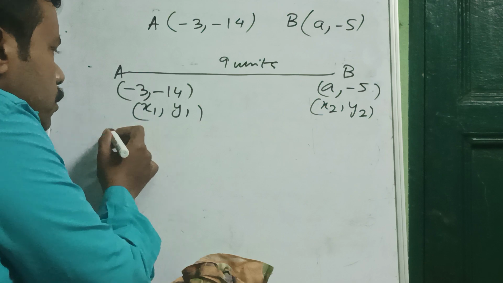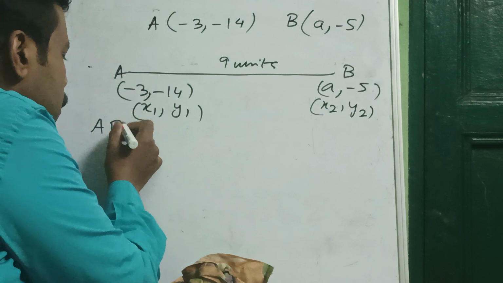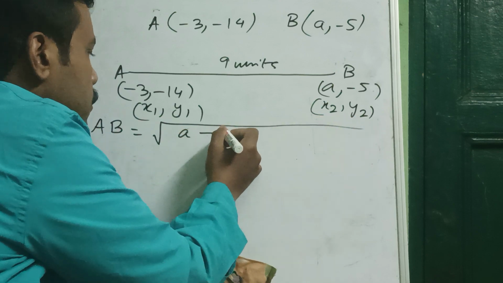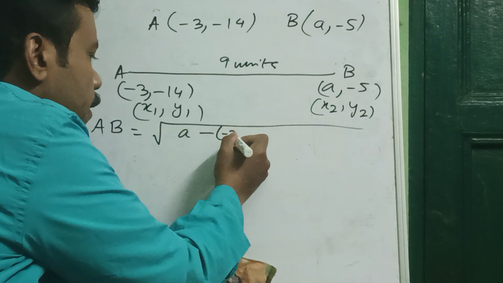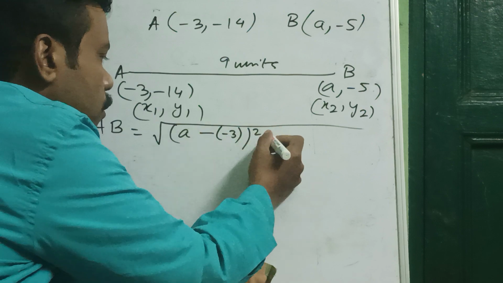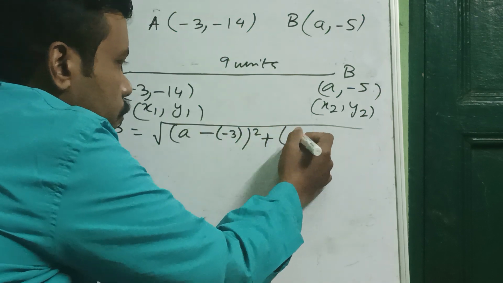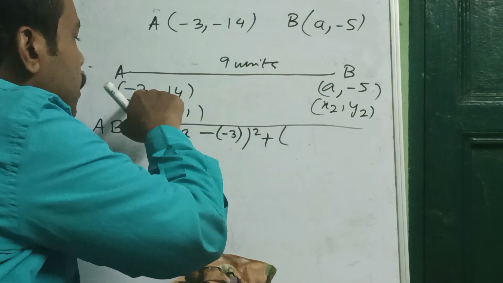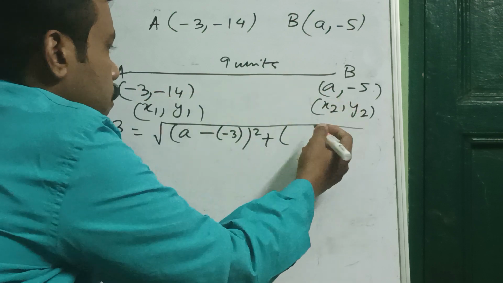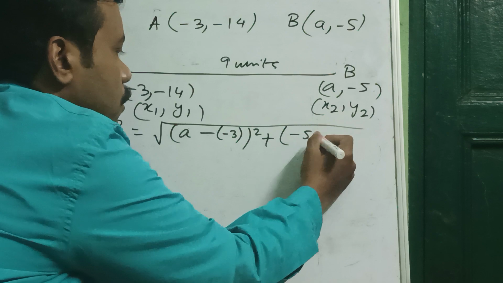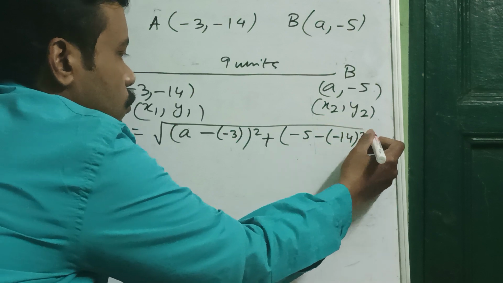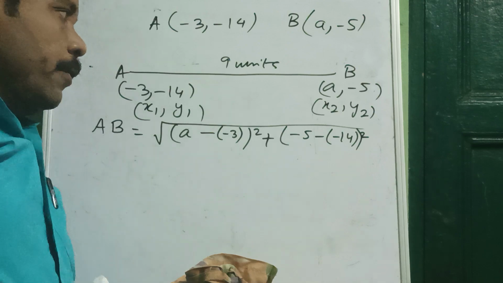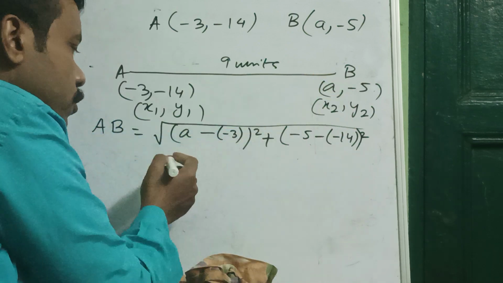Now we usually calculate AB equals to square root of a minus, within brackets, minus 3 whole square plus, that is x2 minus x1, a minus minus 3, and minus 5 minus minus 14. Clear?